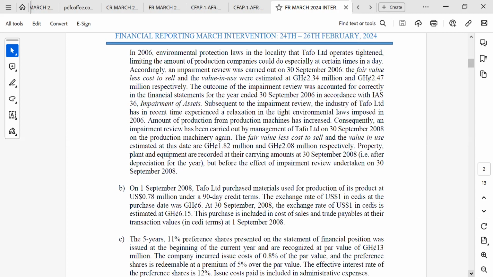Okay. What standard is this? IAS 21. Okay, so what do we do? What was done and what's supposed to be done?